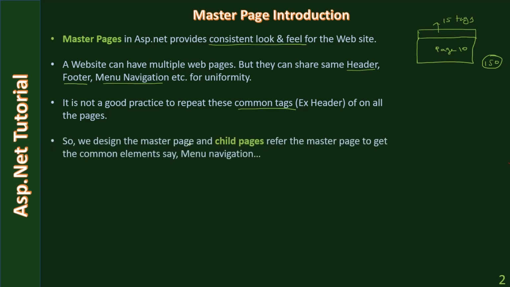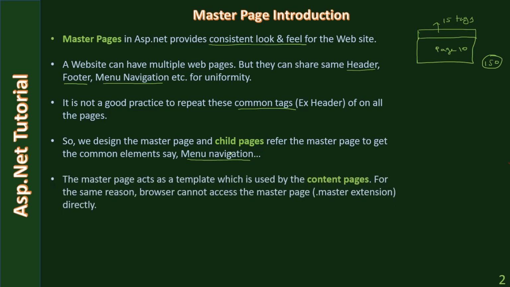So we design the master page and child pages refer to the master page to get the common elements, say menu navigation, header, footer, all those things. As already shown here, these 150 pages are all considered child pages.